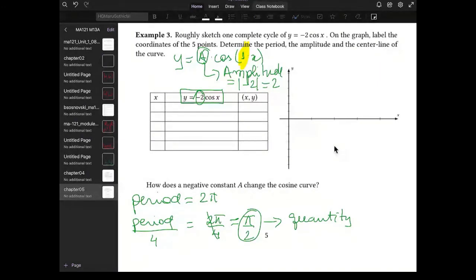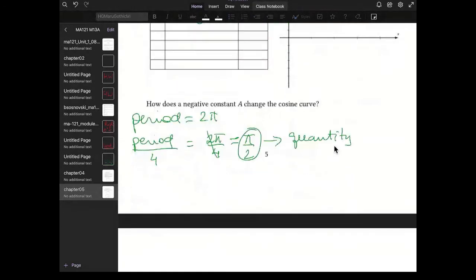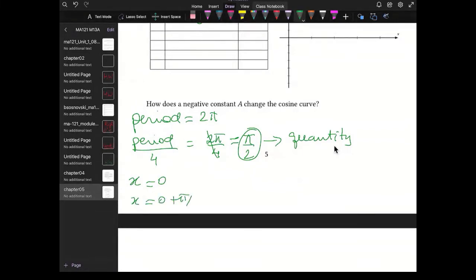What's not going to change is the 4 points from the unit circle that you're going to use based on this angle. Okay, so again, how you start? You always start from 0, and then from 0 you add the quantity, so you get the same result. And then take now the current one, which is pi over 2, add the quantity again. So this is 2 pi over 2, which is pi. The next one is from pi, add the quantity, and then you get 3 pi over 2.